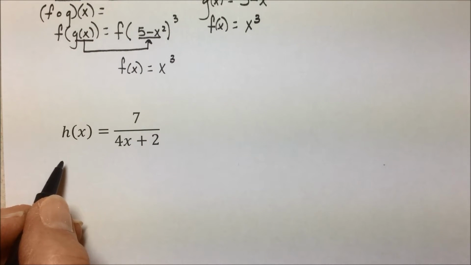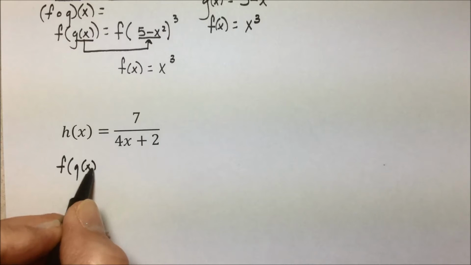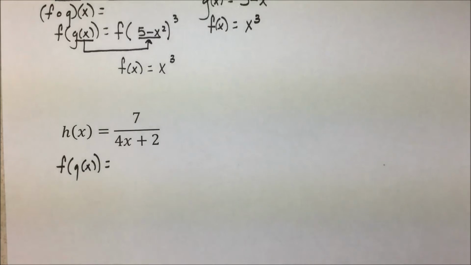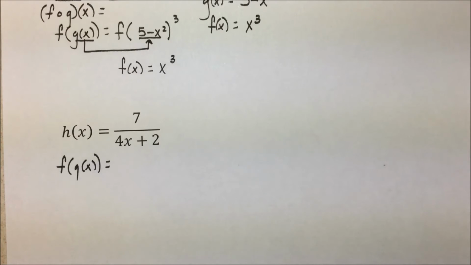We're trying to determine what composition f of g of x is equivalent to this result, and we do have some options here that we can use for simplifying this. And keep in mind also that there is no unique solution.